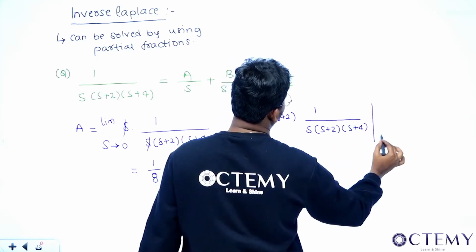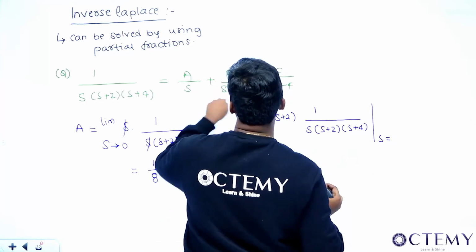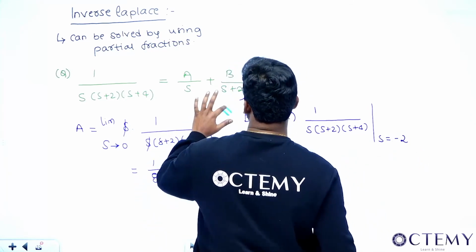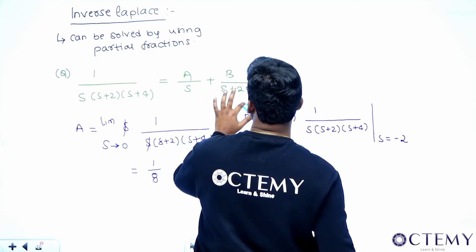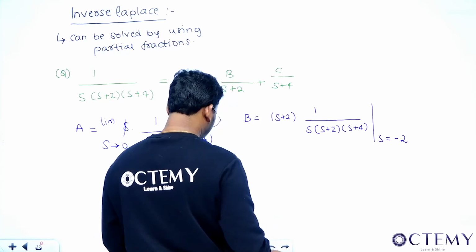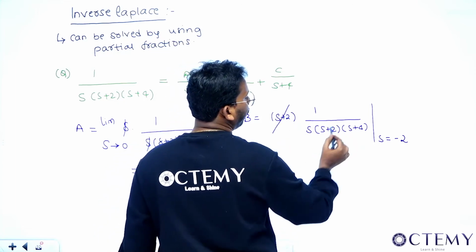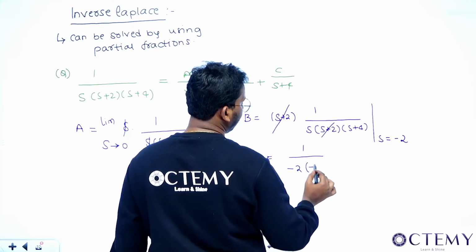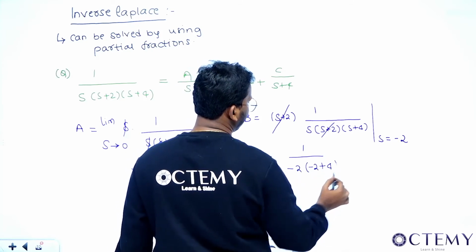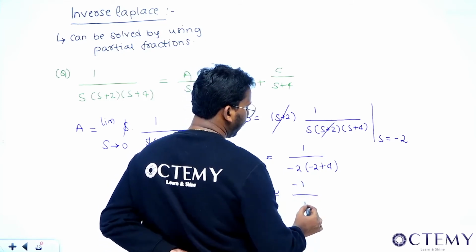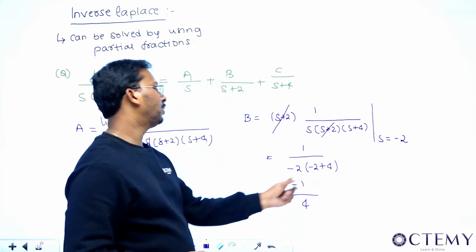Then you put s is equal to minus 2. This fellow will get cancelled, and if you put minus 2, 1 by (minus 2 plus 4). So this will become what, sir? 1 by minus 1 by 4, isn't it? 4 minus 2, 2, minus 1 by 4.